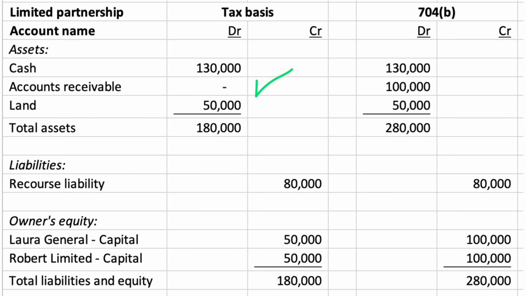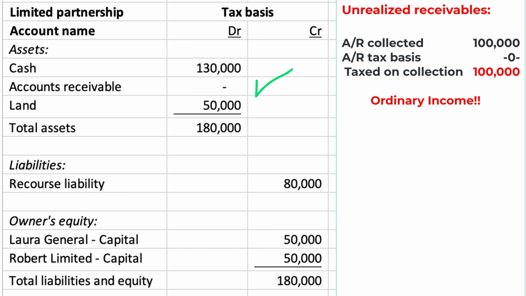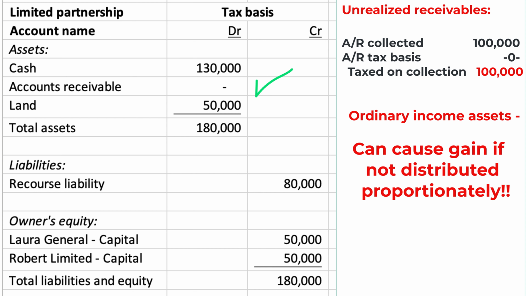They are what is defined as unrealized receivables and will generate ordinary income when collected. If Laura or Robert somehow alter their 50% interest in the accounts receivable, it would be a disproportionate distribution. In all of the examples in this video, let's assume that the distributions are proportionate and each partner's proportionate interest in the accounts receivable remains at 50%.